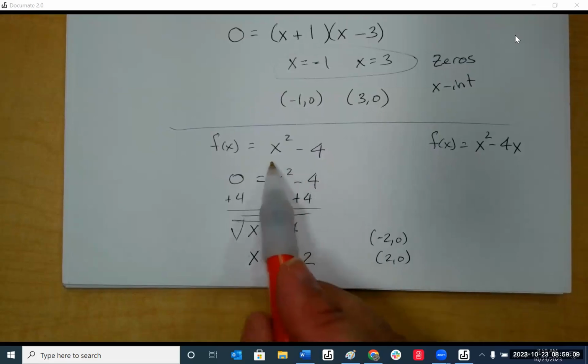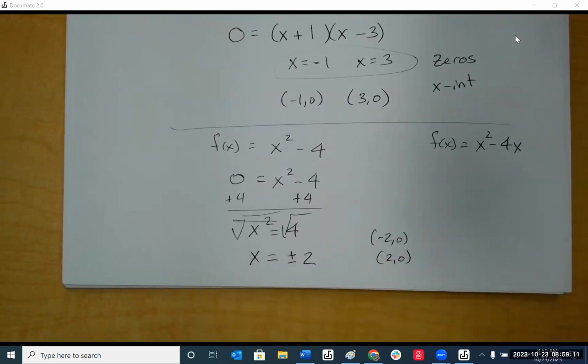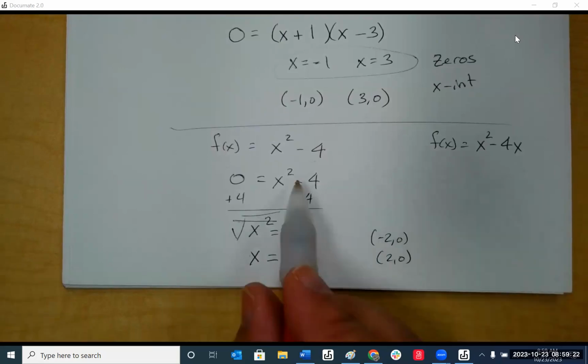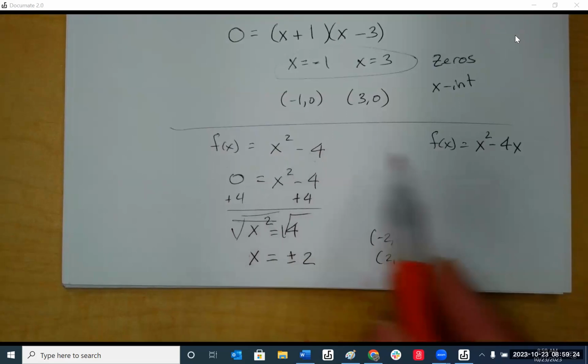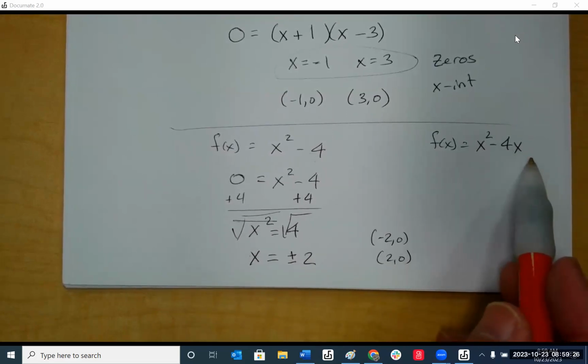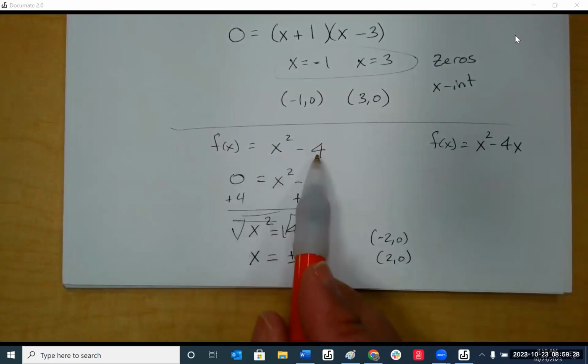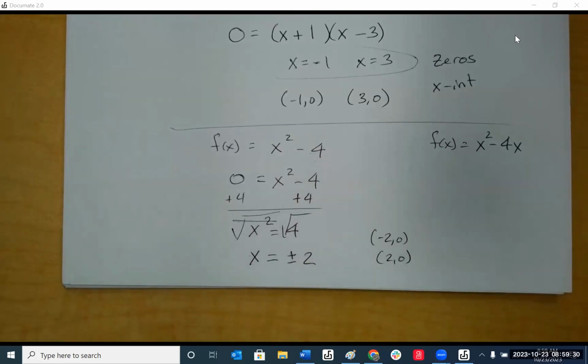What's the difference between this equation and this equation? They're both binomials. So what's the difference? Only one term has an x here. Both terms have x's here. When only one term has an x, you can split them up.